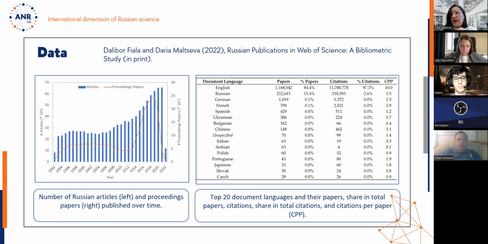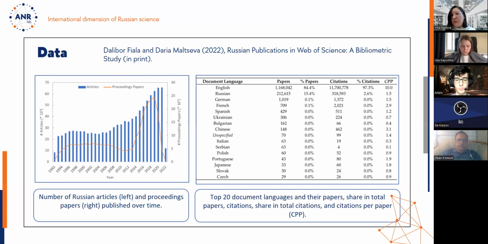Our colleagues Dalibor Fiala and Daria Maltseva together already conducted some exploratory and descriptive analysis of this data set. The publication is already available, and this data set was analyzed according to different document types presented in the data set and languages used by Russian scientists.